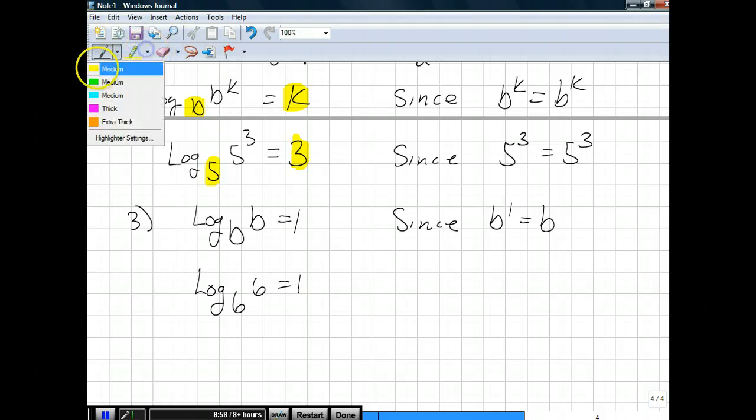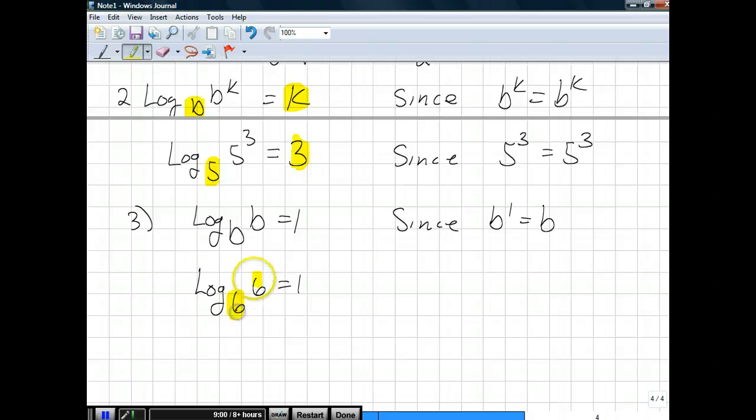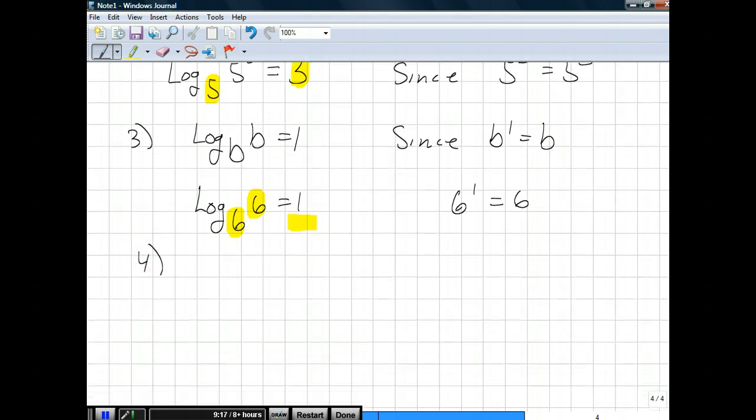So notice that when the base and the value are the same, it's always going to equal 1. And that's because if you take it out of log form and put it in exponent form, 6 to the 1 equals 6. Okay? And number 4, another really important one, log base b of 1 equals 0.